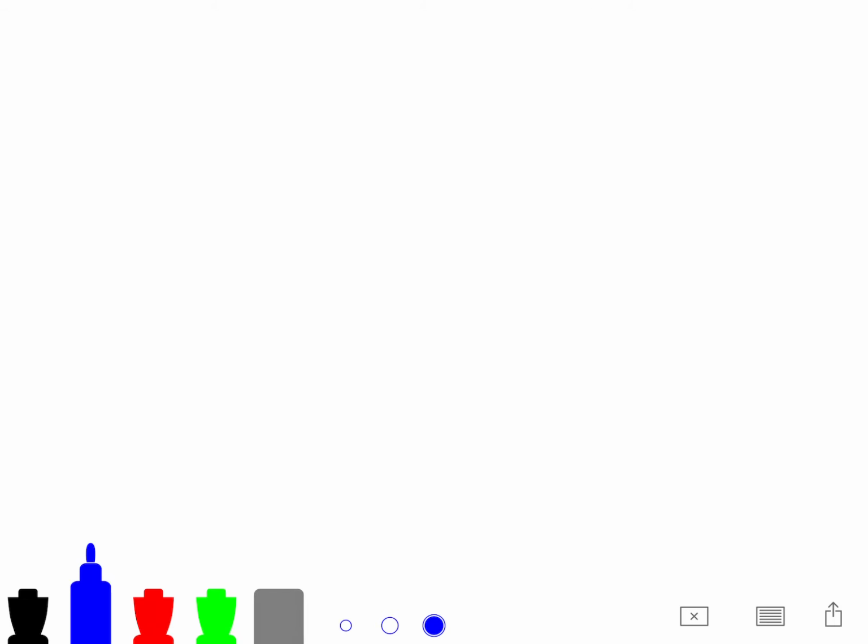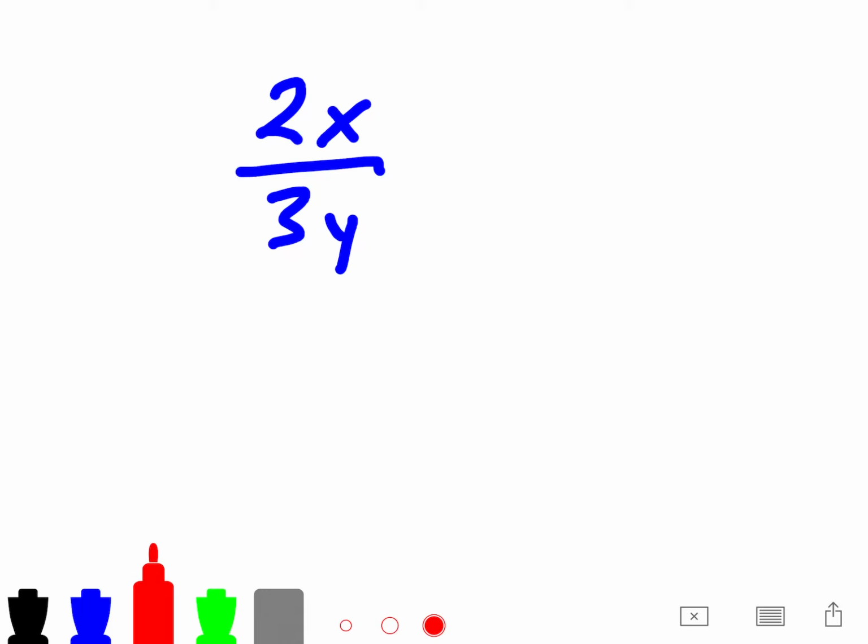Now, if we combine numbers and letters in any way at all, using multiplication or division, so remember that if things are right next to each other without any math operation in between, that's multiplication. And if there's a fraction bar, that's division.